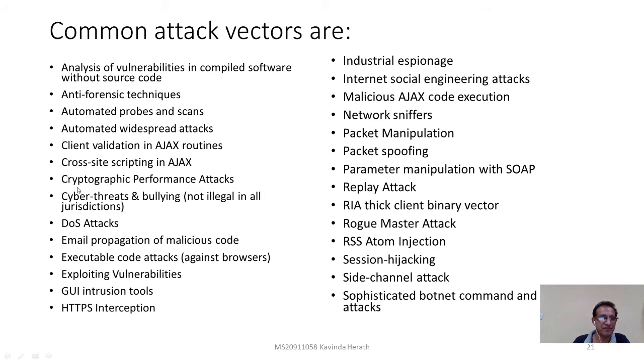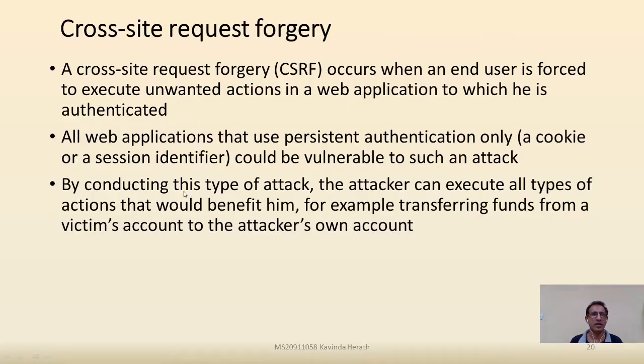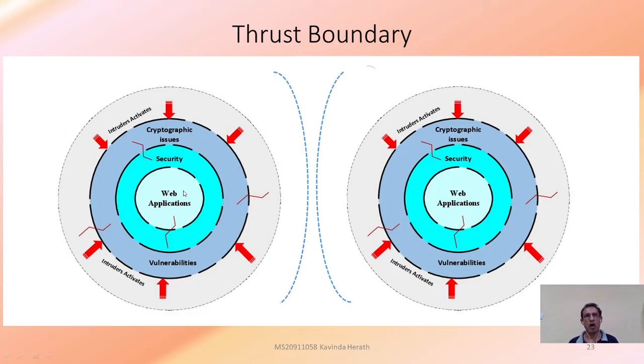We can take cryptographic performance attacks, cross-site scripting in AJAX, client validations in AJAX routines, HTTPS interceptions, GUI interception tools, and many more, like spoofing attacks. Some very common attack vectors are there.